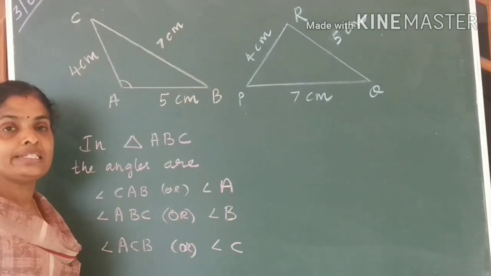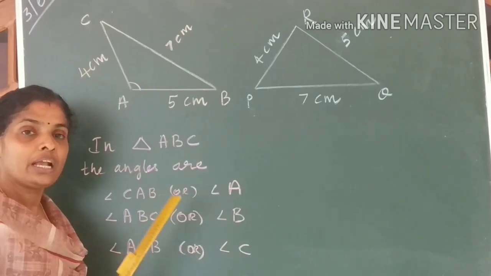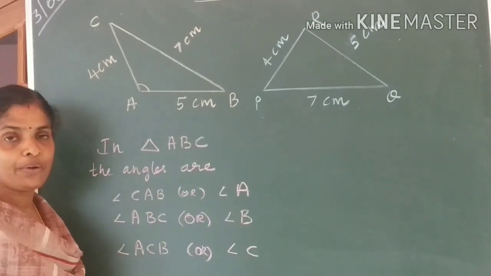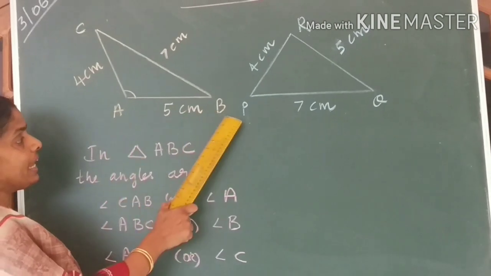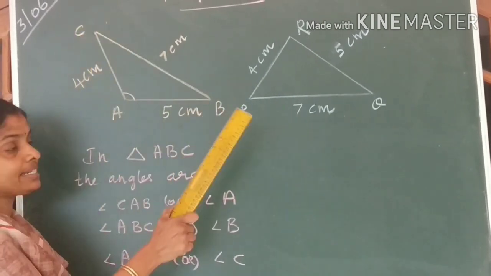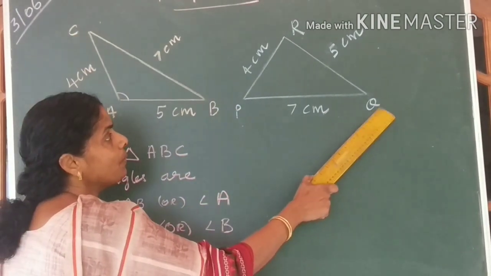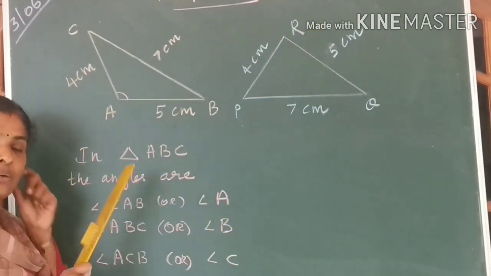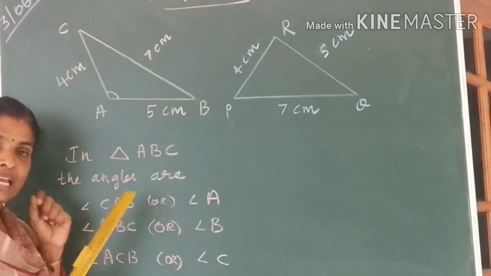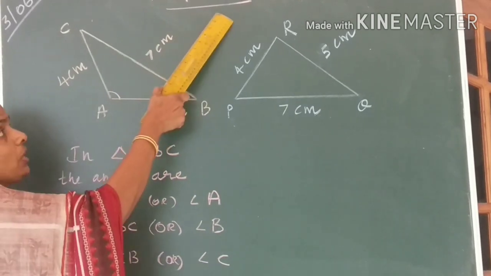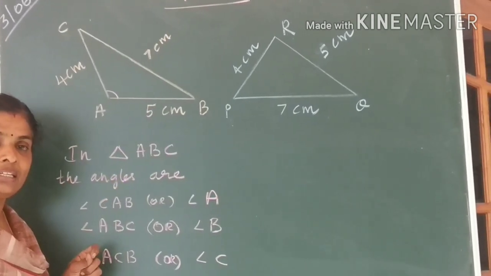Such triangles are said to be equal triangles. So you can say triangle ABC and triangle PQR are equal triangles. Did you understand the idea, the meaning of the chapter equal triangles?